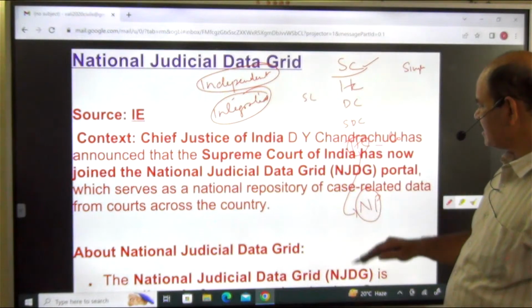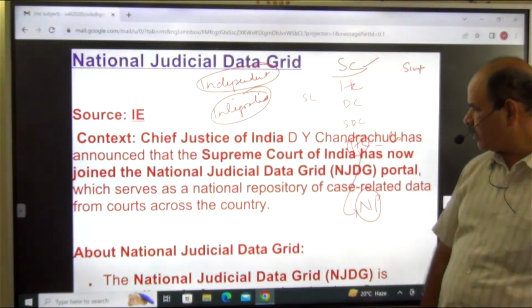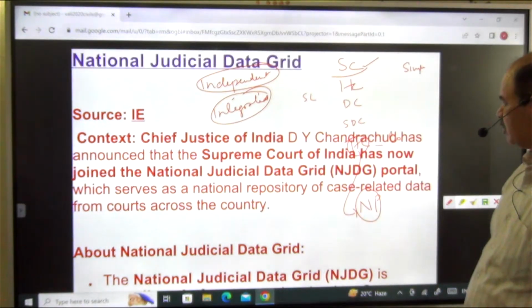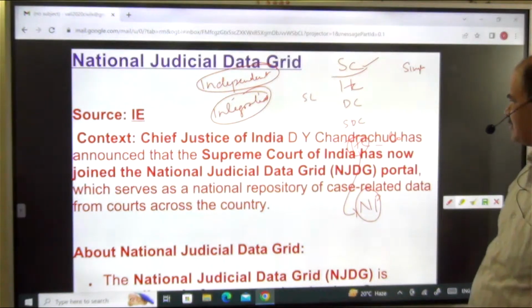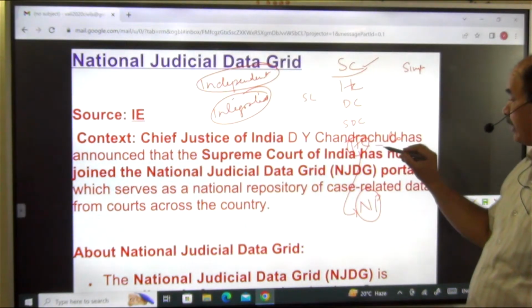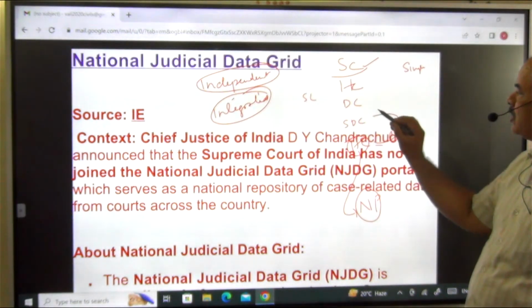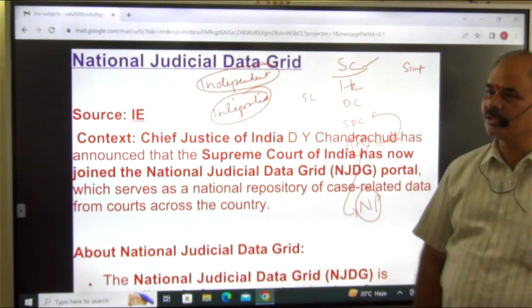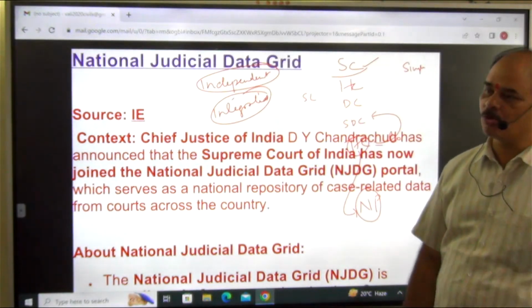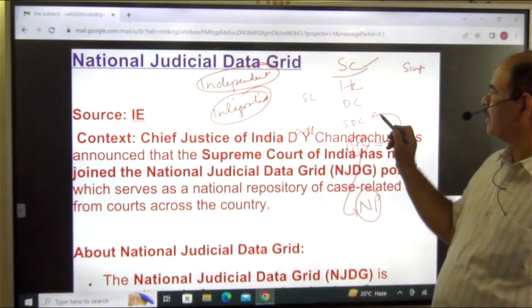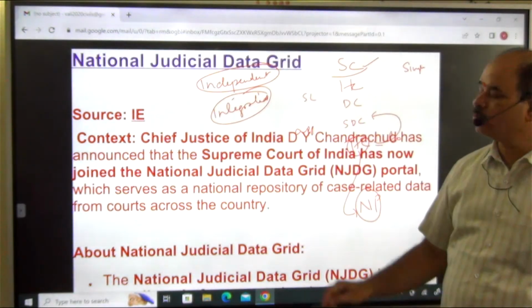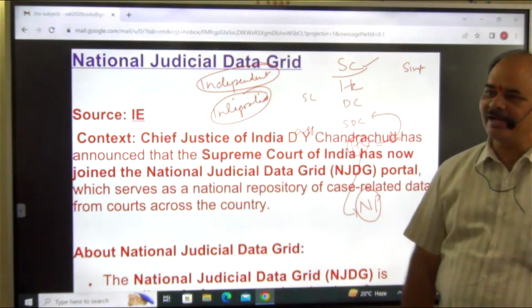Nyaya Panchayats are courts lower than the municipal magistrate court, but not all states have established them. So if you lose your case in the municipal magistrate court, based on the facts, you can move to the upper court, that is the subdivisional court, for an appeal. And again, district court, high court, etc. So this is the meaning of integrated.